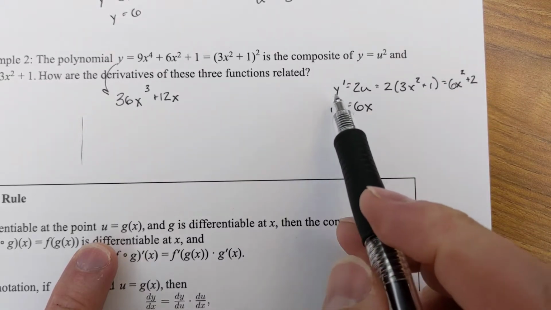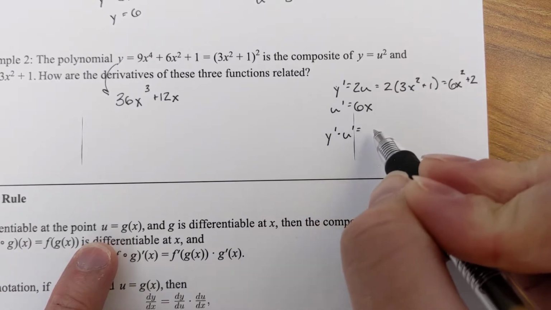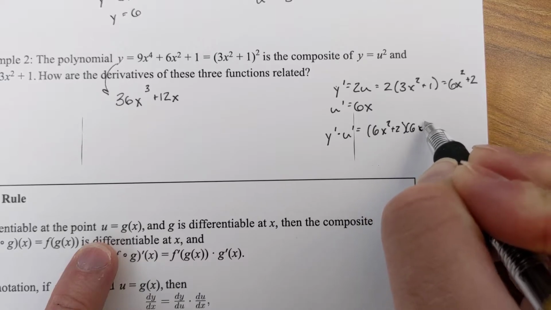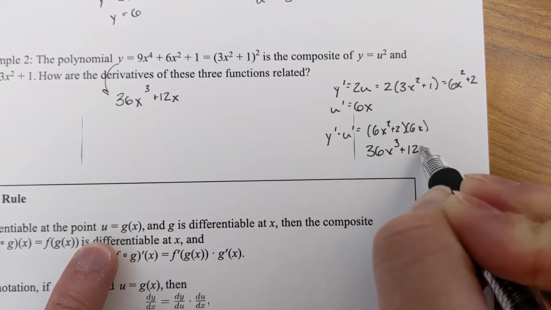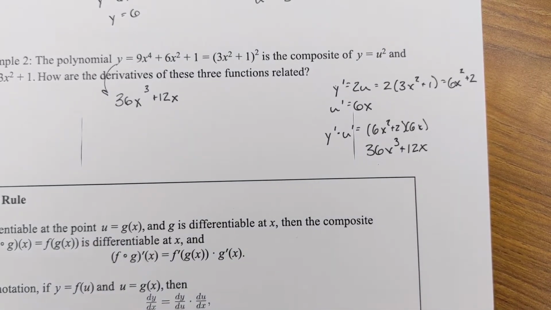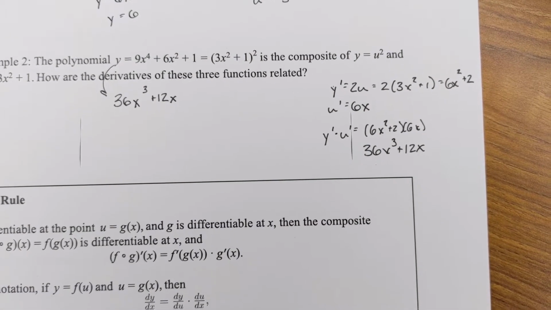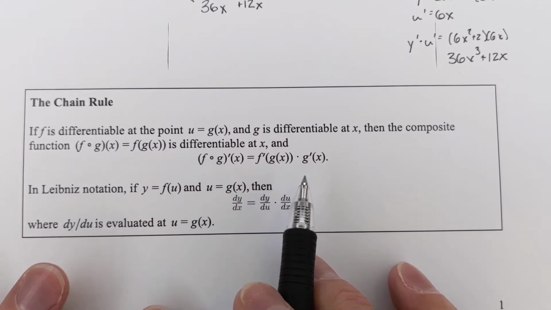And just like before, if I multiply these two things together, y prime times u prime, so 6x squared plus 2 times 6x, that gives me 36x cubed plus 12x, which is what the derivative actually is. So if you take the composite apart and multiply the two parts of the composite, you'll actually get your answer.